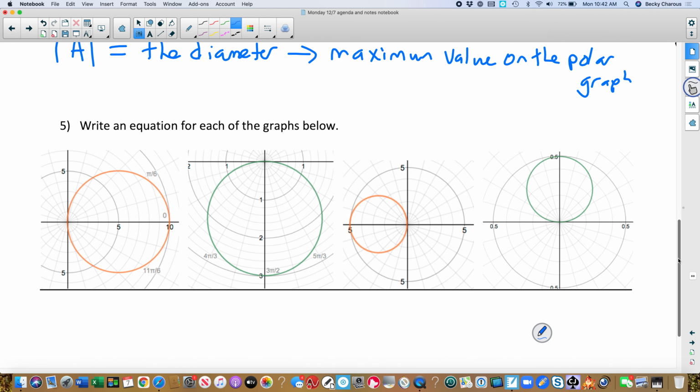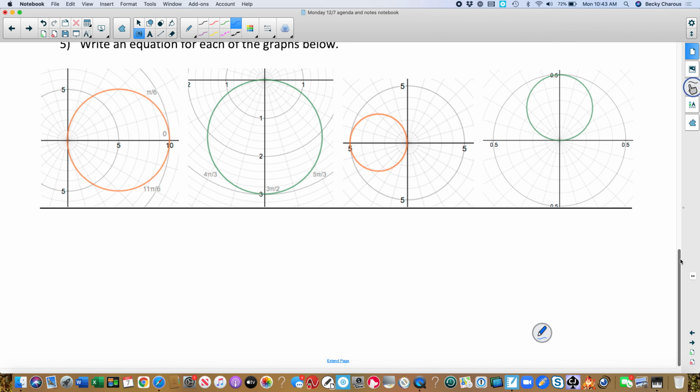Okay, so now let's see what we understand. We've got 4 graphs, and we're going to write the equations for them. This first one, what do you think about this one? Cosine. It's going to be cosine. This is to the right, and since it's right, it's going to be a positive cosine. And a is going to be 10. Terrific.